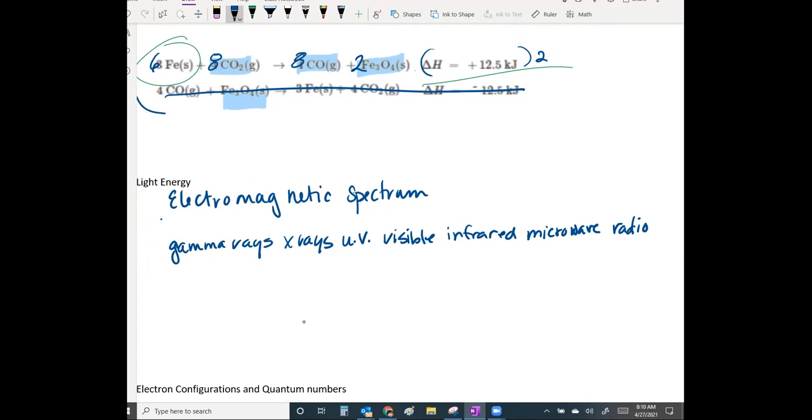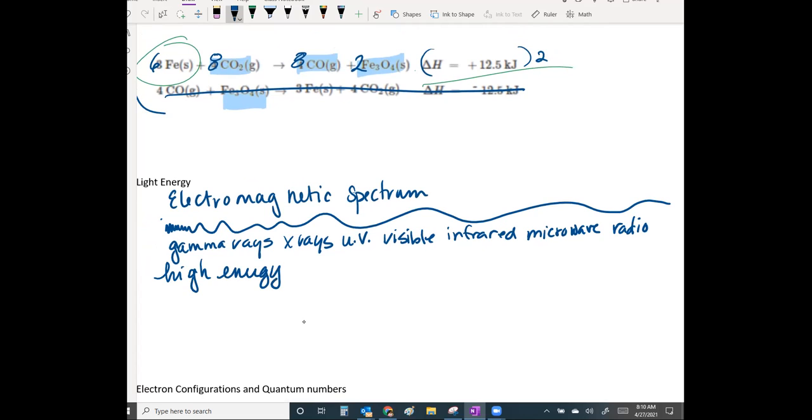Okay, so if these are gamma rays, they are very, very small wavelengths. And as we go this way, our wavelengths get bigger. So these are high energy, high frequency, which means they wave a lot, but small wavelengths.